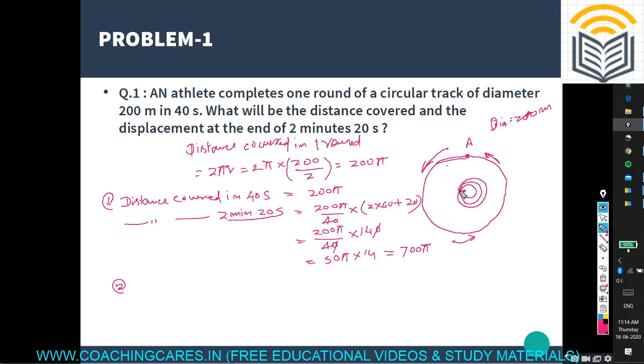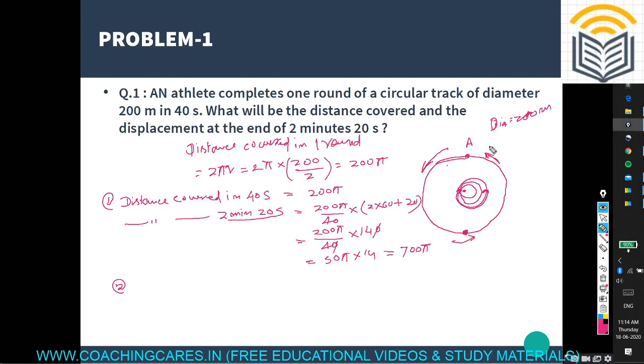Then 20 seconds are left more. So in 20 seconds it will cover half of the circle, because in 40 seconds it covers the complete round. So in 20 seconds it will complete a half round. So this is the position it will reach after 140 seconds. I mean, after completing 3 rounds, one more half round it will take and the position will be here.